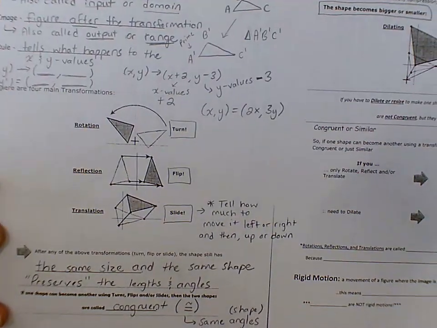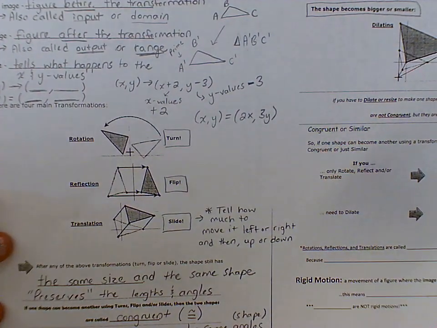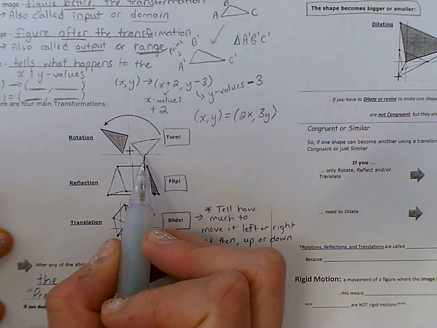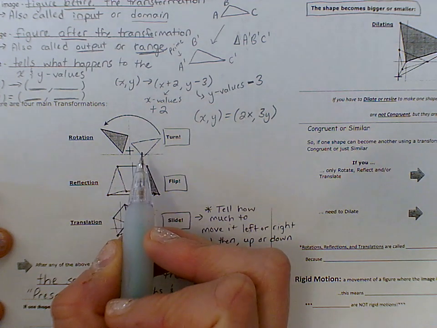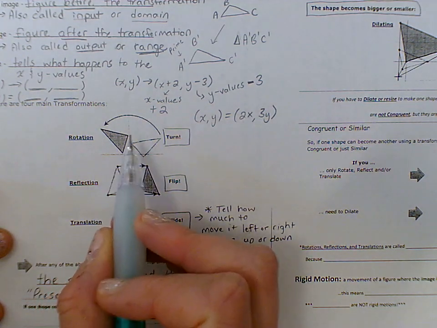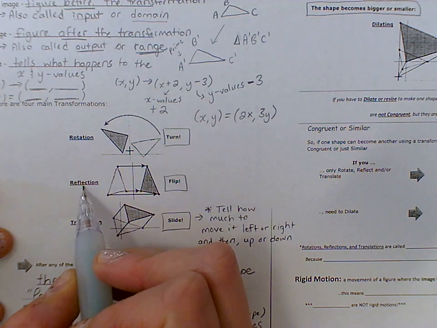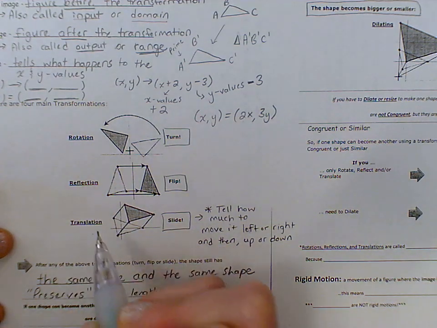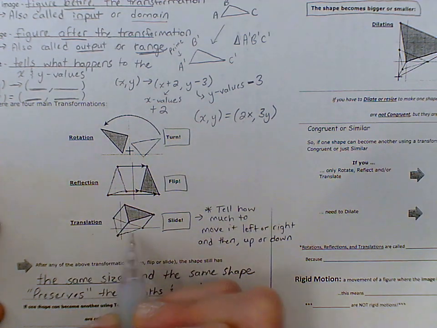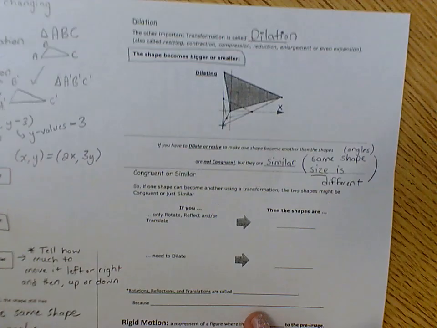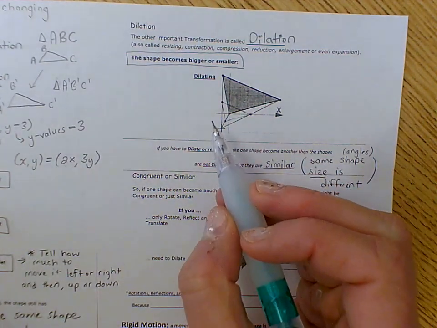All right, so one thing that I wanted you to figure out, and you guys did figure this out, is that whenever we are looking at the pre-image and comparing it to the image, when we do one of these types of transformations, it is a little bit different than when we're comparing the image and the pre-image for a dilation.